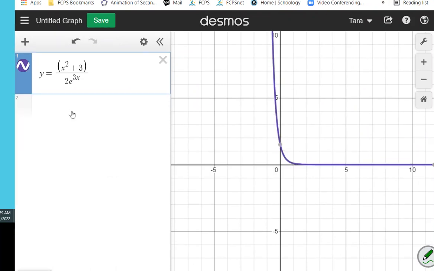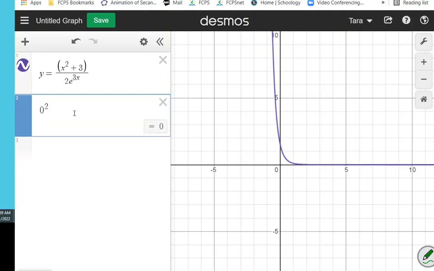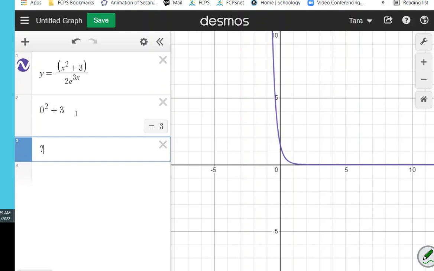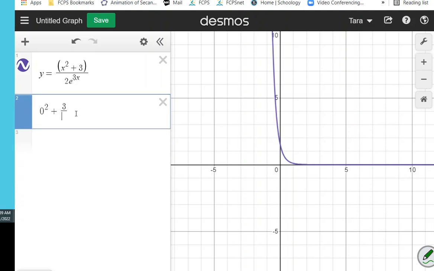So 0 squared plus 3, and then you hit divided by, and you might have to use some parentheses. There you go. And then divided by, and it will go ahead and do that for you.